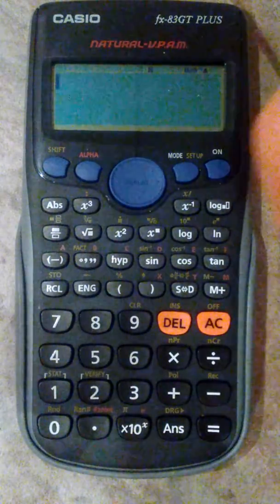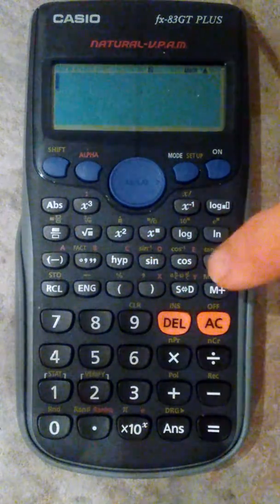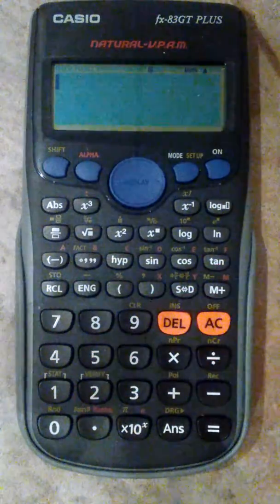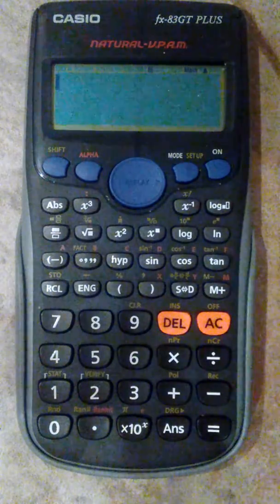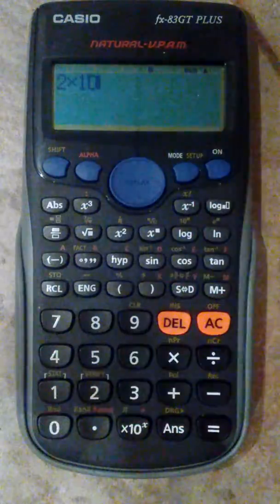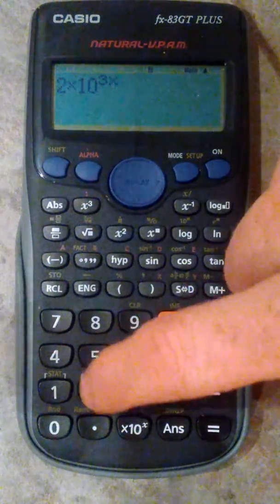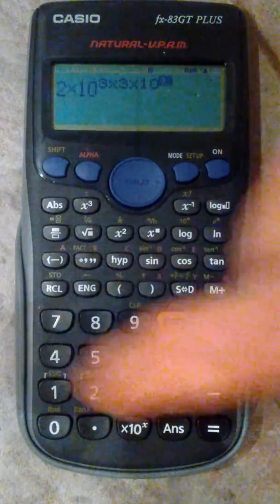So what I've seen some people do when doing calculations with standard form, they say, for example, we have the calculation 2 times 10 to the 3 times 3 times 10 to the 4. What they do is they write 2 times 10 to the power 3 times 3 times 10 to the power 4.